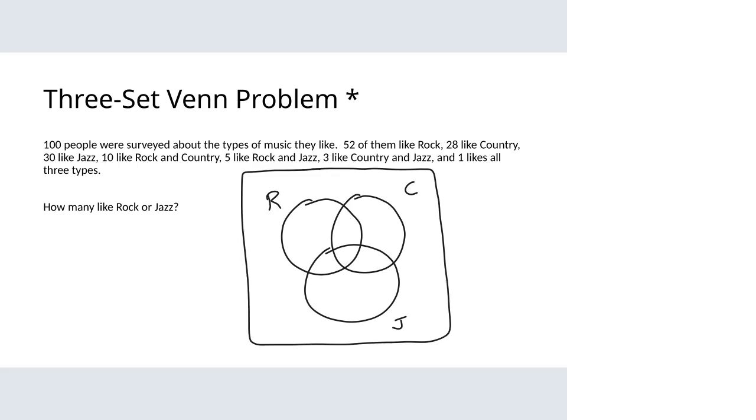100 people were surveyed. I want to give you a couple of minutes to try to put all the numbers in there. And then I'm going to go through and put all the numbers in there. And then we'll do the poll to answer the question on the left. But first, see if you can put the numbers where they go.